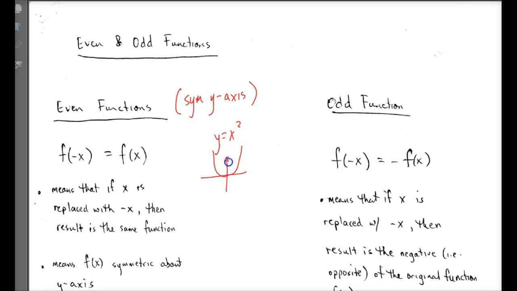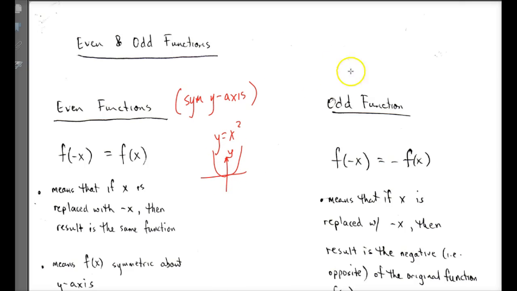As you can see, if this is my y-axis, this function is symmetric about the y-axis, meaning that if I took this right side and folded it over, where the crease in the sheet of paper I'm imagining would be the y-axis, then I would get this left half over here.